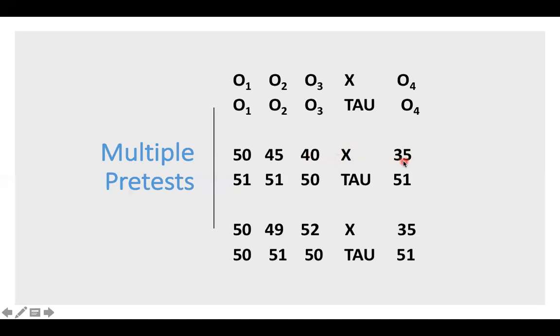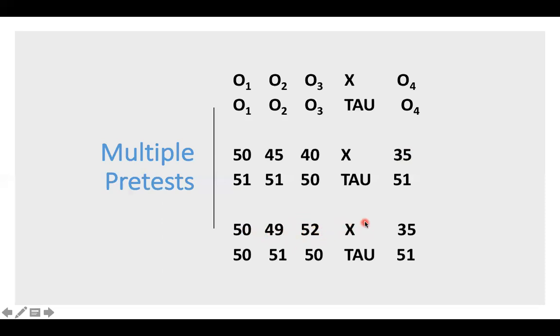This is a clear case of selectivity bias. Selecting an individual or a treatment group that is already on a decline, regardless of the intervention, is a clear case of selectivity bias. What we want to see is something like this, where the multiple pretests show no pattern of decline, or no pattern at all, just all around the place.